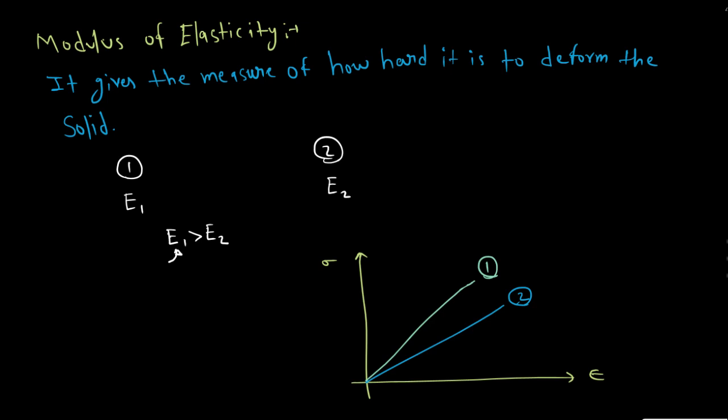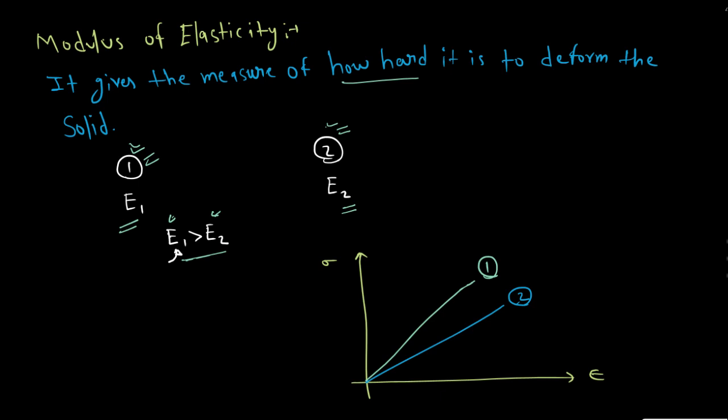Suppose we have two materials, material 1 and material 2, and the modulus of elasticity of the first material is E1 and of the second material is E2, and E1 is greater than E2. Then it simply means that it is much harder to deform material 1 than material 2.